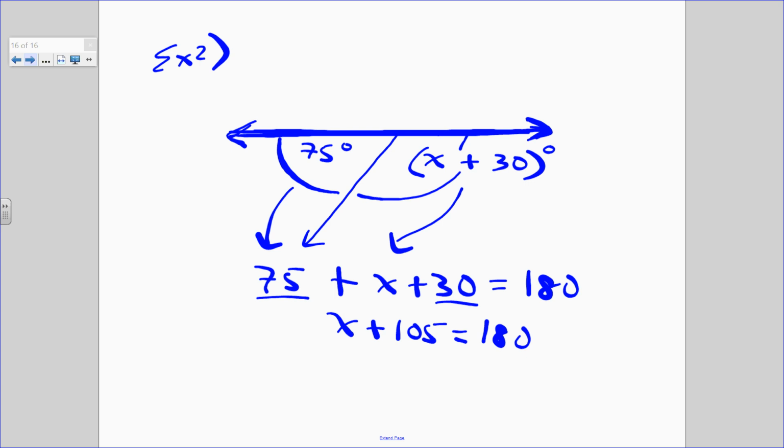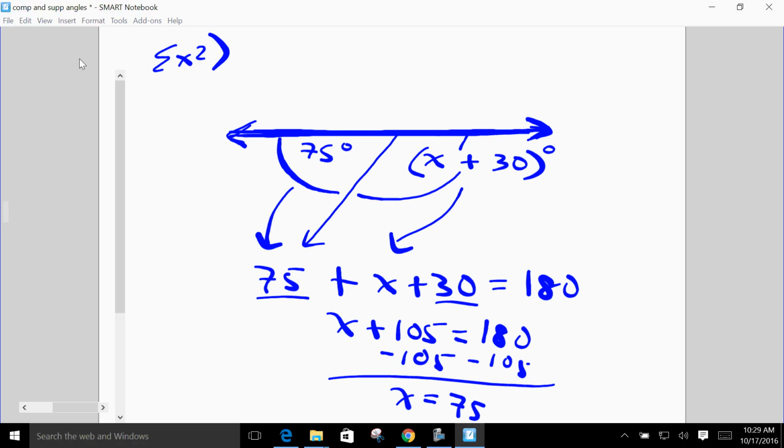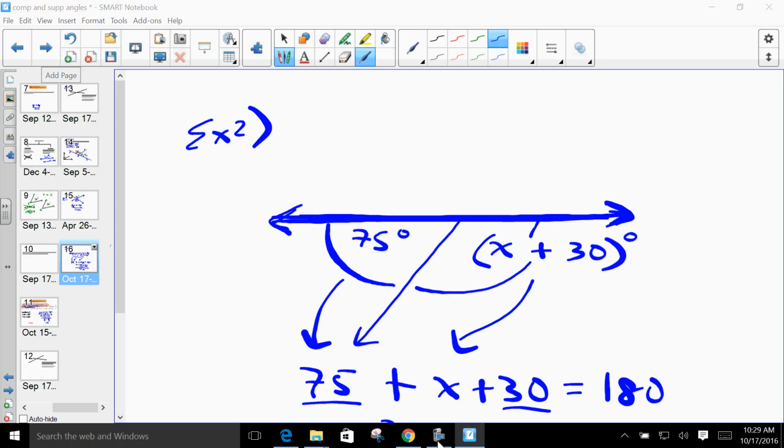Let's isolate x. We'll subtract 105 from both sides. So x equals, what does that become? 180 minus 105 is 75. Done. So we're able to solve for x because of our angle relationships.